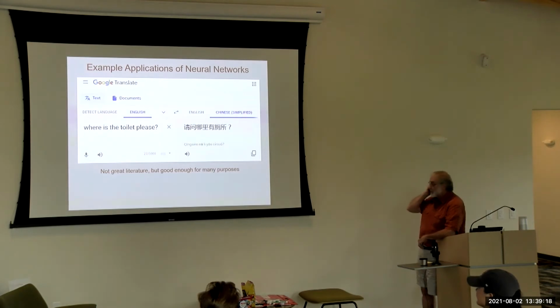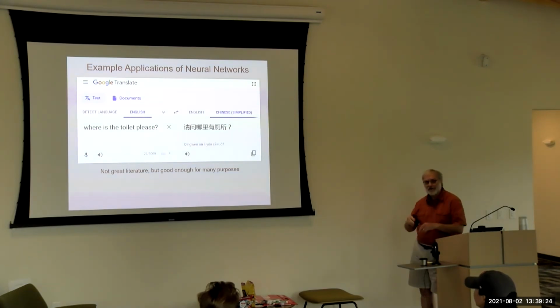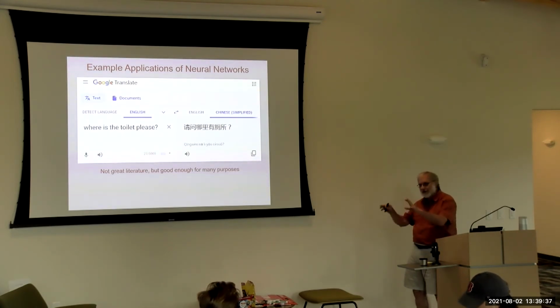Okay, so just some examples of neural networks in the real world now. When you use Google Translate or you tell Siri to turn on the lights or whatever, that's all underneath some neural network that's recognizing your input and playing around with it and giving you the output a tenth of a second later.